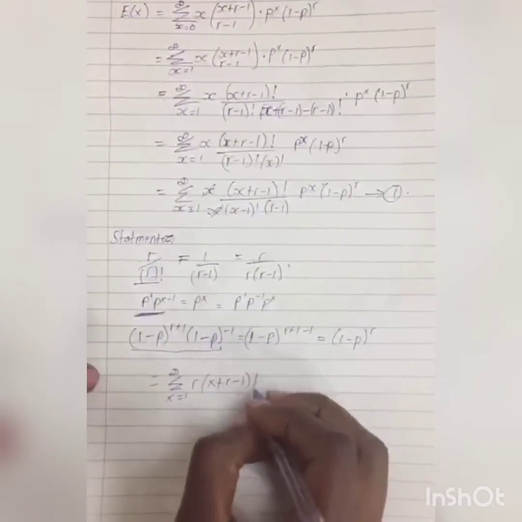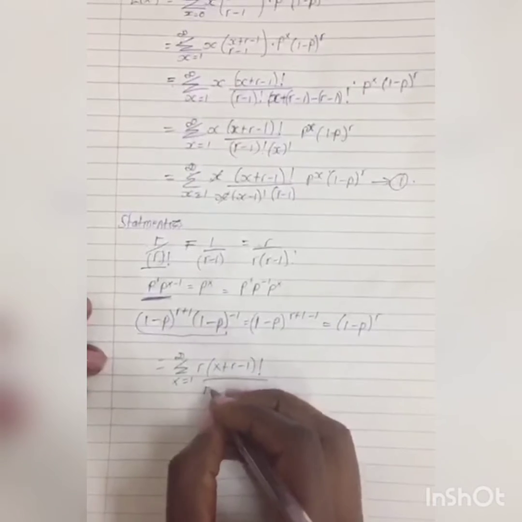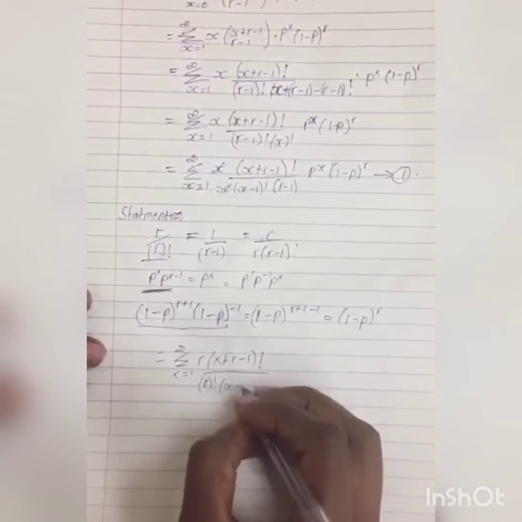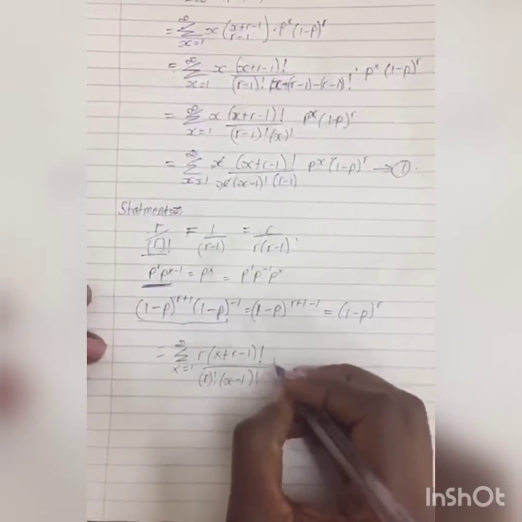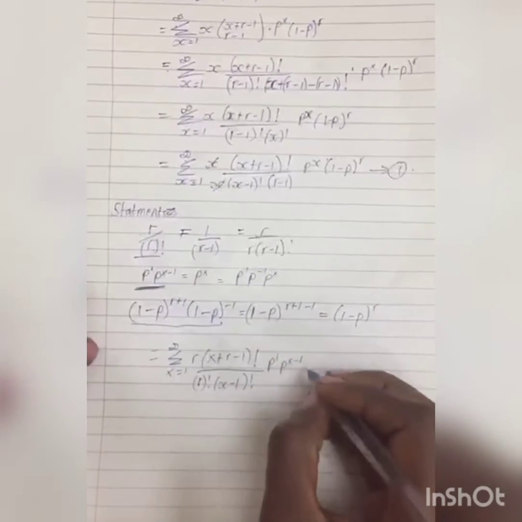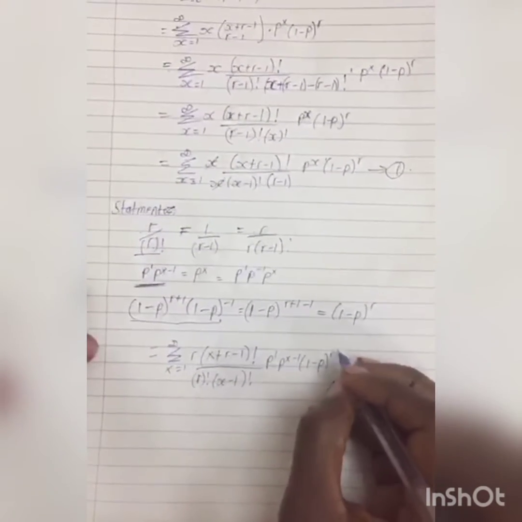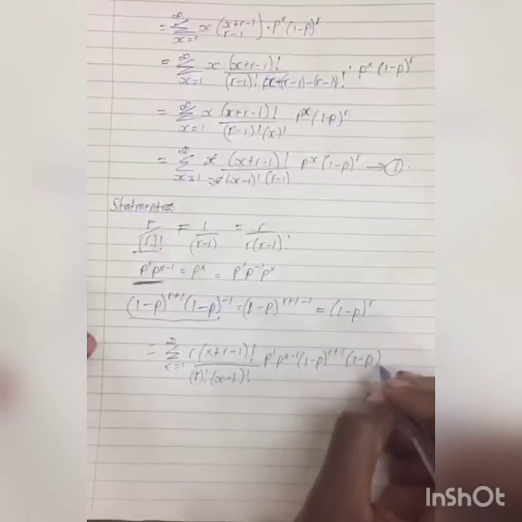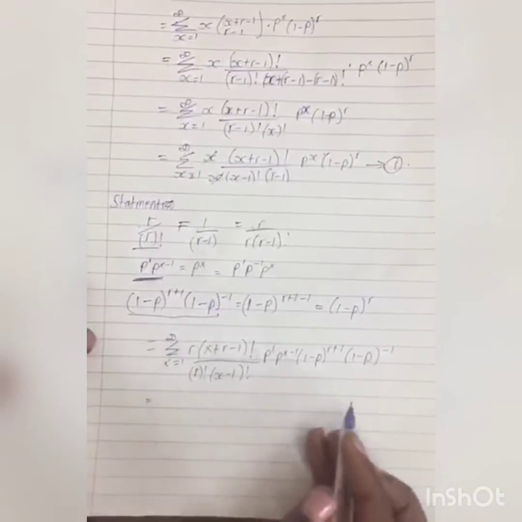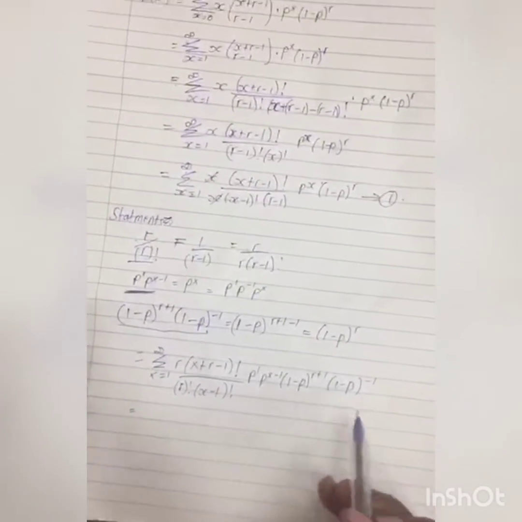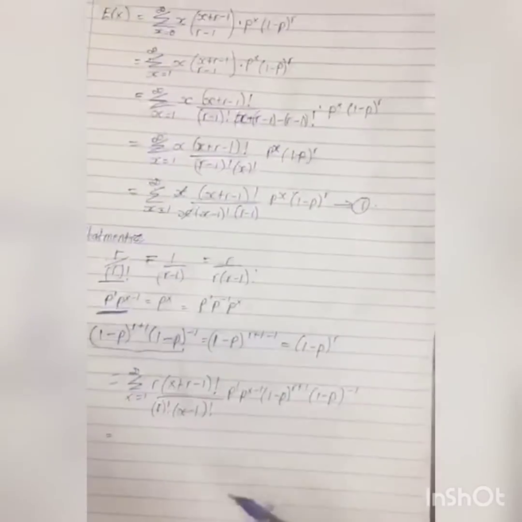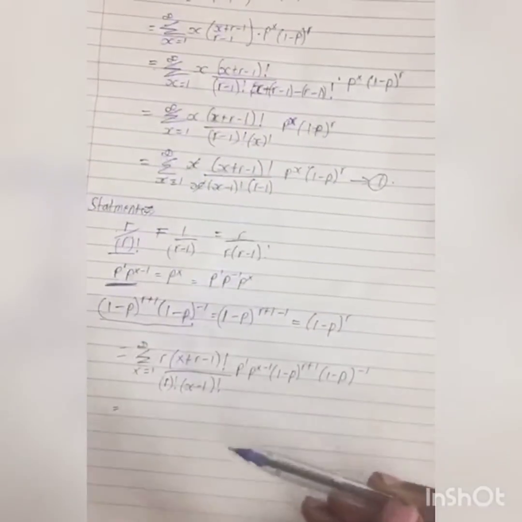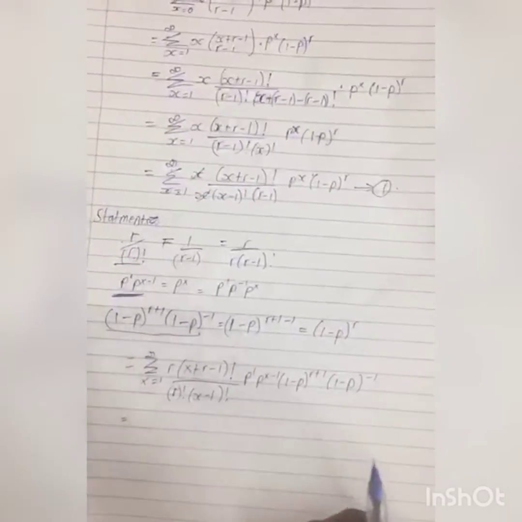We shall have that. So we factor out the constants, and the constants here are everywhere that there is no x.